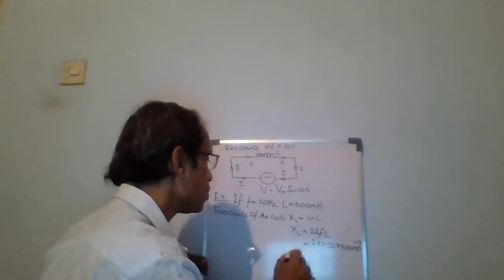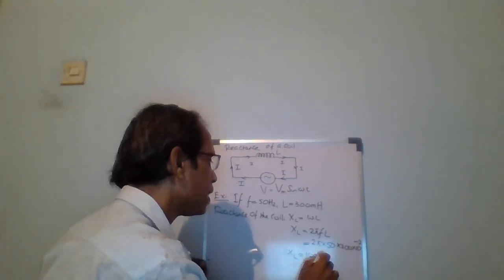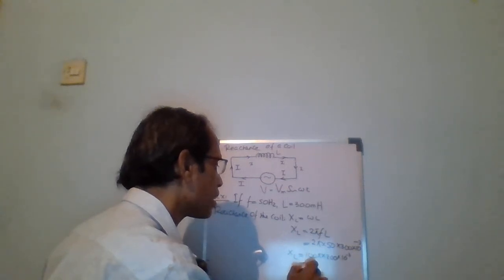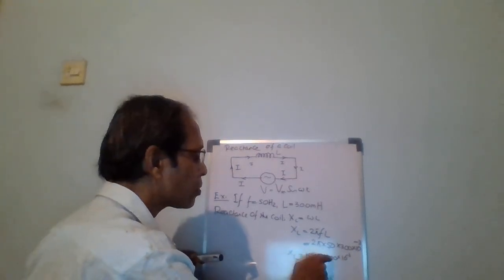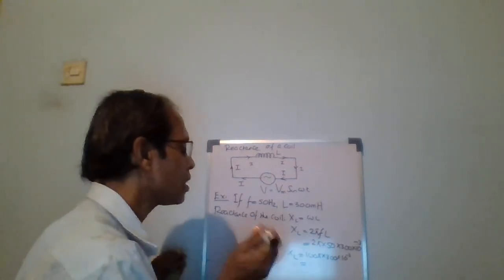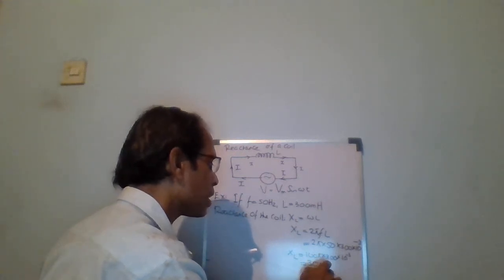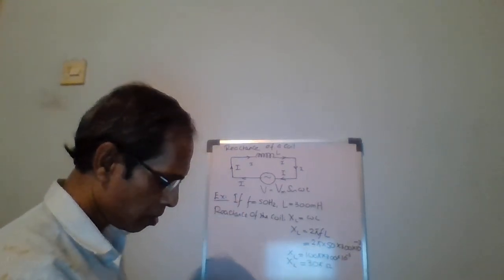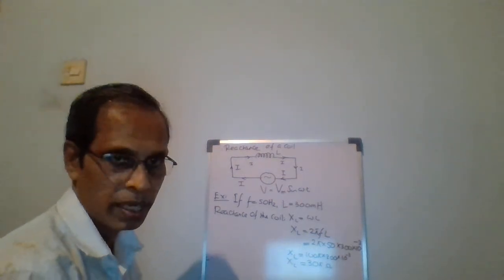Then XL is equal to 100 pi into 300 into 10 to the power minus 3, which is 30 pi ohms. You can simplify further using a calculator, and the answer is in ohms.